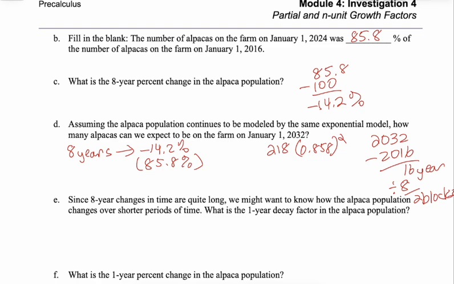So if we do 218, and you can either put into your calculator, because there's only 2 of them, times 0.858 times 0.858, or you can do times 0.858 squared. Both will get you exactly the same thing. Now, these are creatures, so it's customary to round to the nearest whole number. That is 160 alpacas. So by 2032, we would expect that there is only approximately 160 alpacas left over, okay?